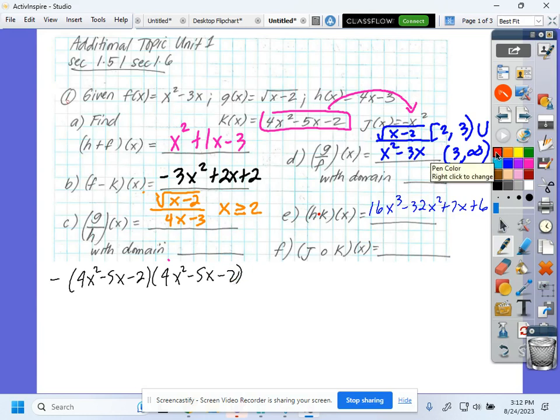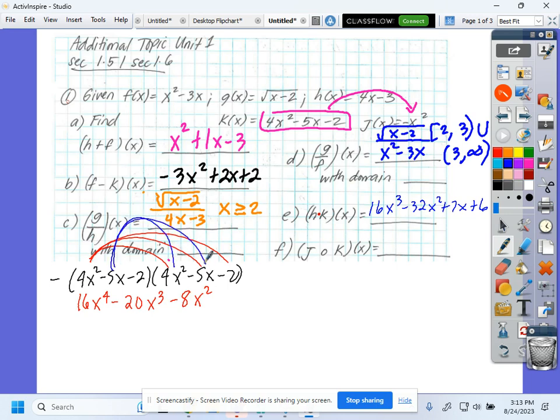So now we wrote it twice. Multiply everything by 4x squared. 16x to the 4th. Now we'll do the blue one. Now the last one is a negative 2.